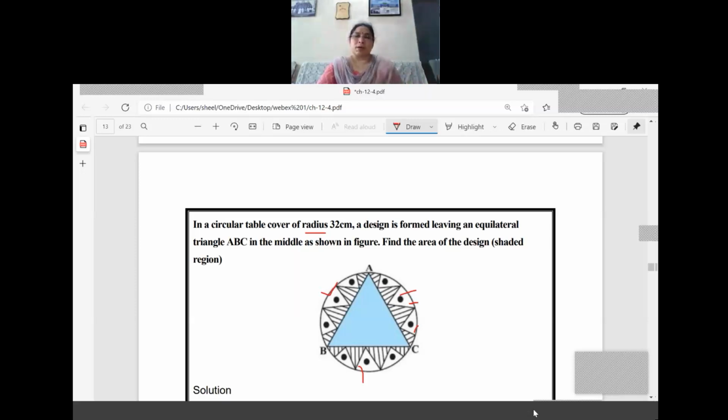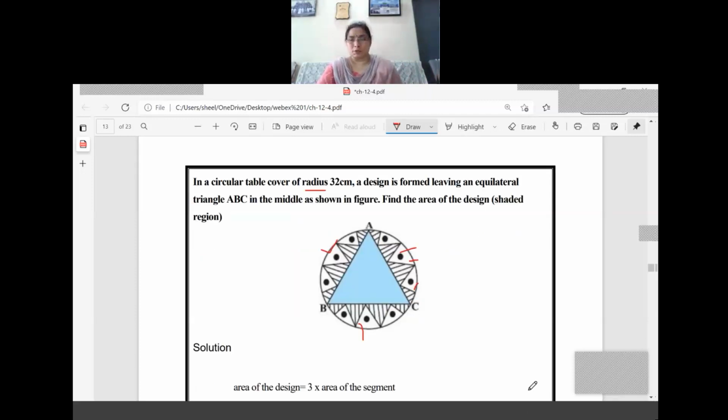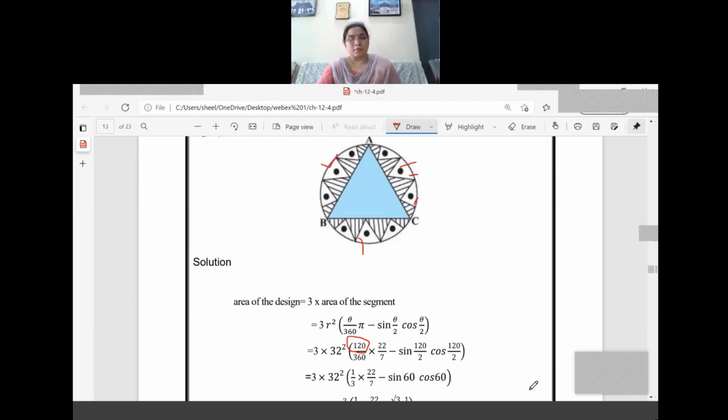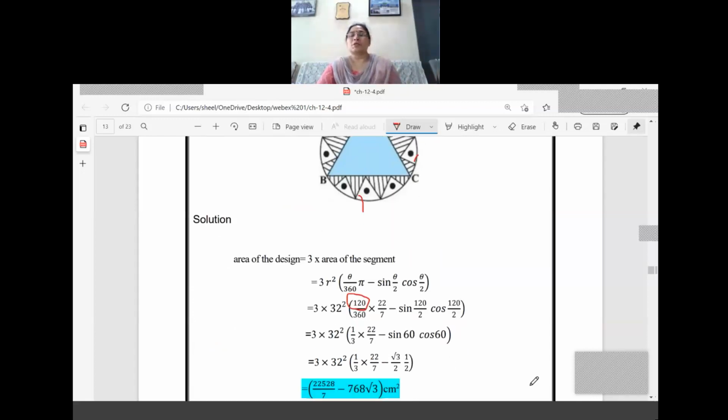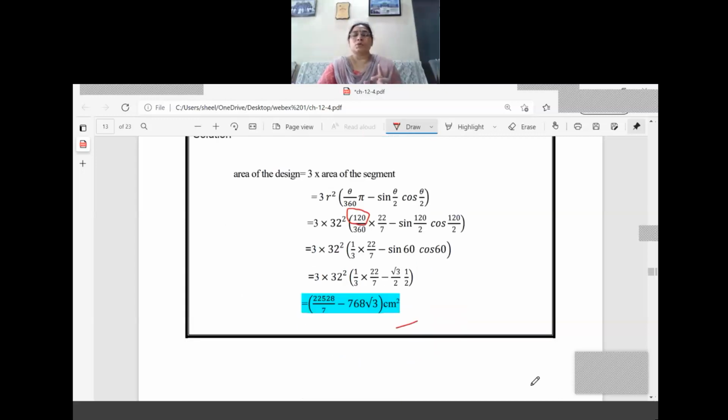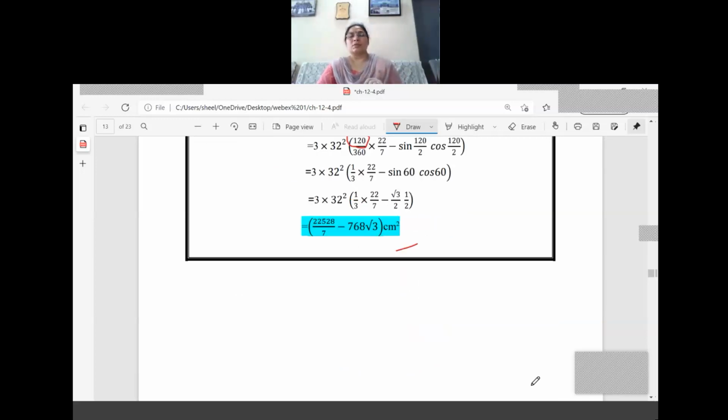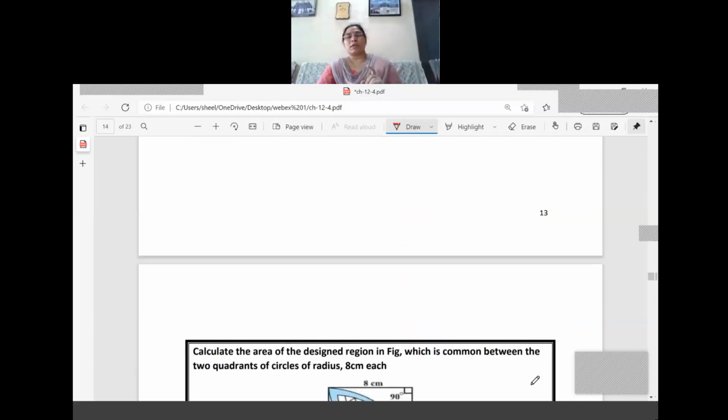So based on the three parts, 360 divided by 3, each central angle equals 120 degrees, right? So 120 degrees we got, radius we got, segment formula we know. We write the formula, multiply with 3, substitute the values, and we get 22528 by 7 minus 768 root 3 centimeter square only. Now we can go to the next question.